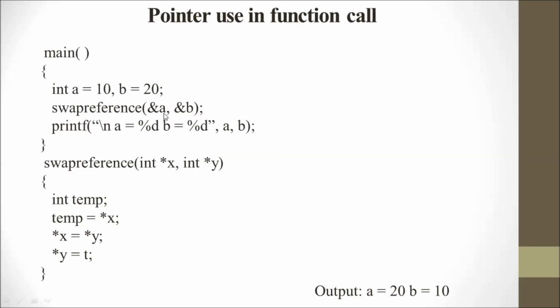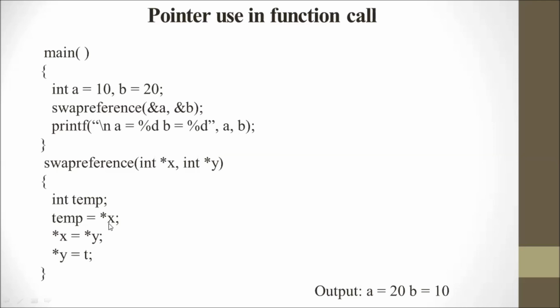We pass the addresses of a and b, and because we use pointers, we can access the actual values of a and b. Without pointers, x would store the address of a and y the address of b. Here int temp is another variable.